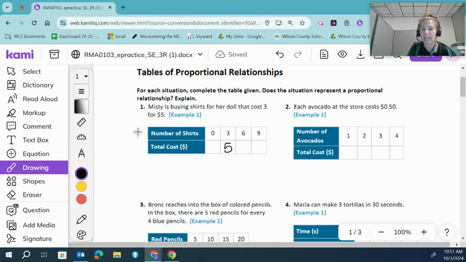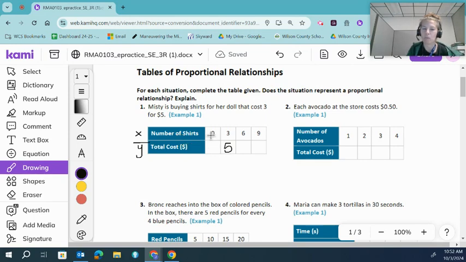And you'll see in these tables, often we refer to these as X and Y. So in my X row, all of these numbers are talking about the number of shirts. And all of the numbers in my Y row are going to be talking about total cost.